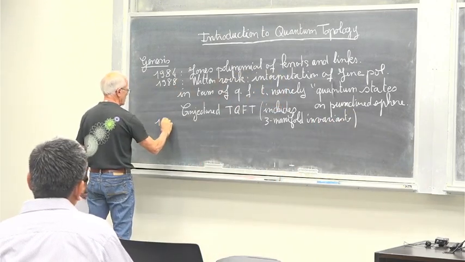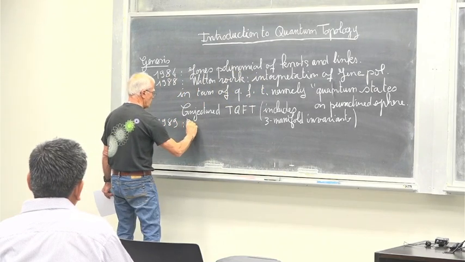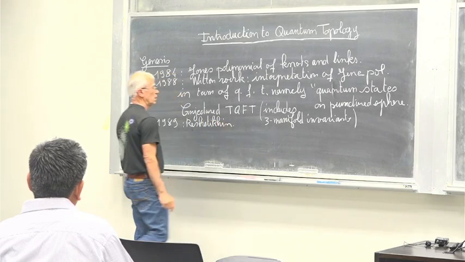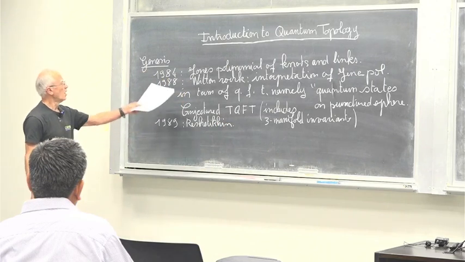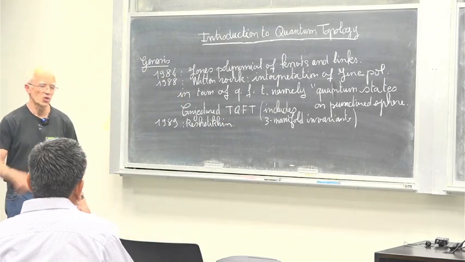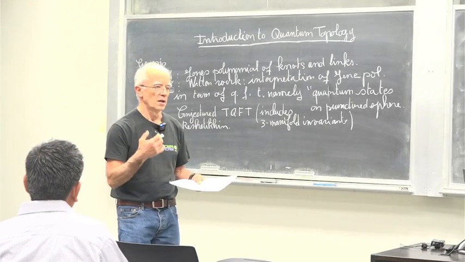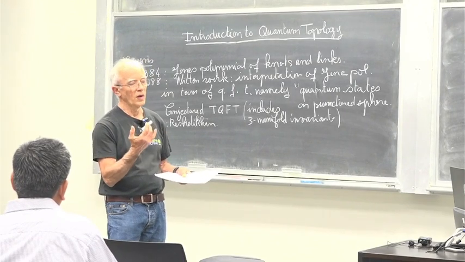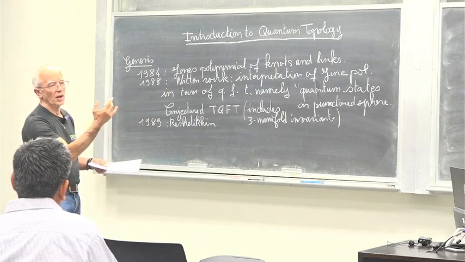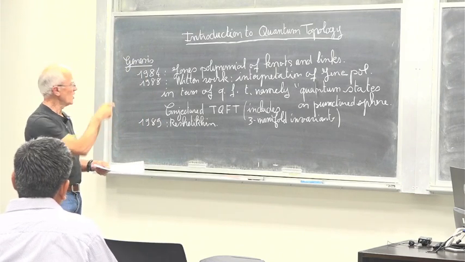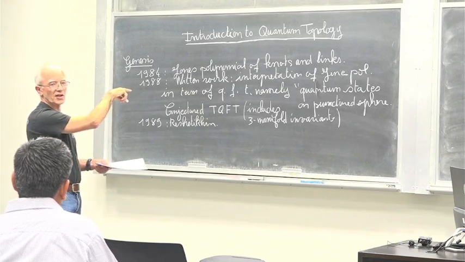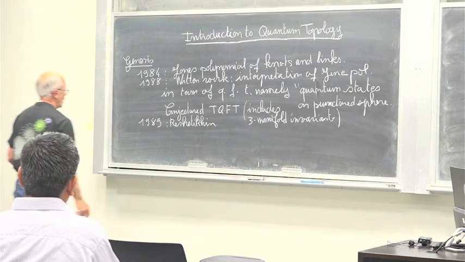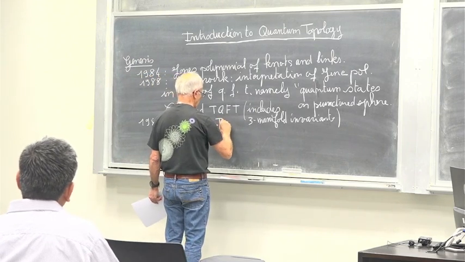Then in 1989, Reshetikhin and Turaev: the conjecture is that associated with the Jones polynomial, the Jones polynomial extends to an invariant of three-manifolds, and moreover a representation of the mapping class group, quantum states associated with surfaces, and an action of cobordisms on this. I will come back to this. And then we have the work of Reshetikhin and Turaev.